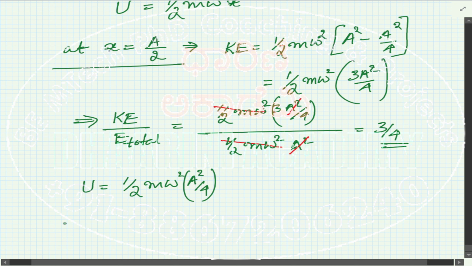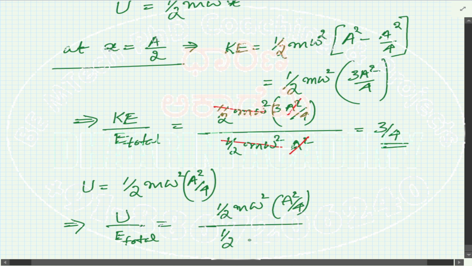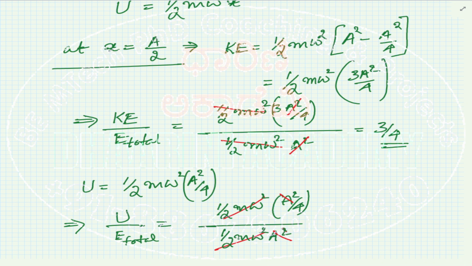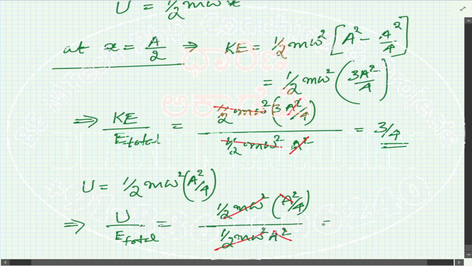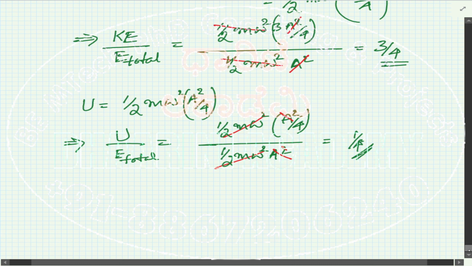Once again, I am calculating potential energy by total: the numerator is half m omega square into A square by 4, divided by half m omega square A square. The A square cancels, so I'm left with only 1 by 4. So the potential energy is 1/4 of the total energy at x equal to A by 2.